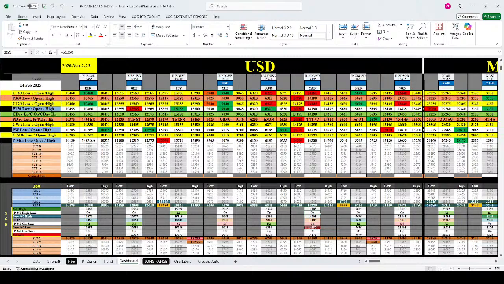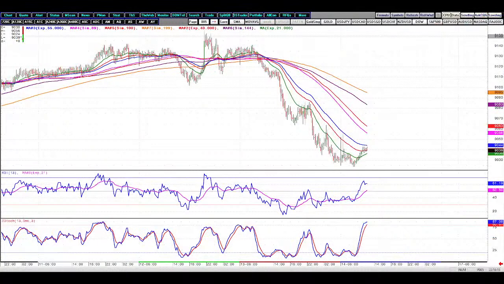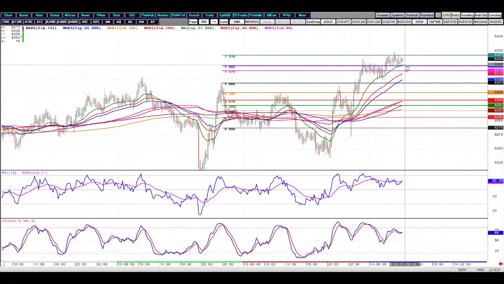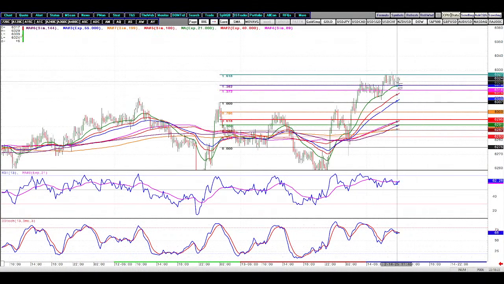So again, we go into the chart and look at Aussie. This is also a similar picture, so I don't want to sell now.